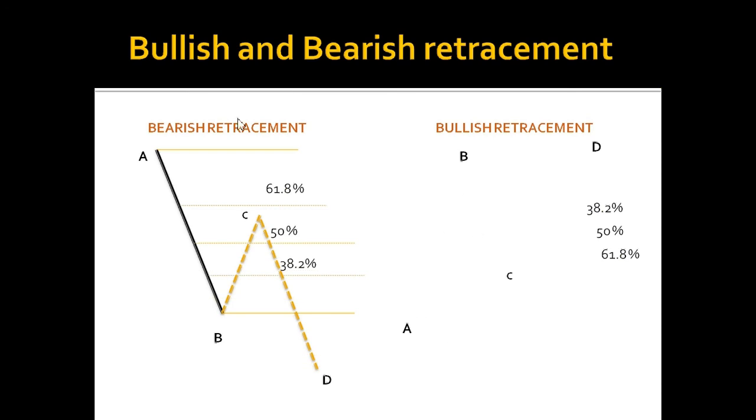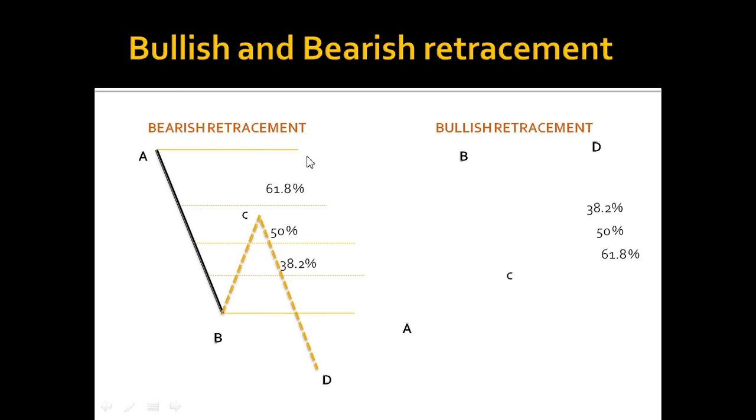If you mark this and observe, you find the price retracing to point C will occur at some of these points. You can have it at 0.786 or 0.886, but we will lay more importance on these three because it happens more frequently. So you can give a sell order right here and go for a short. So this is called a bearish retracement.